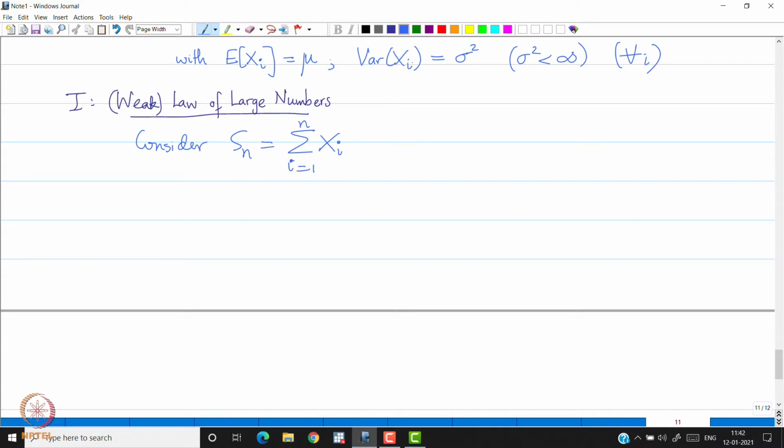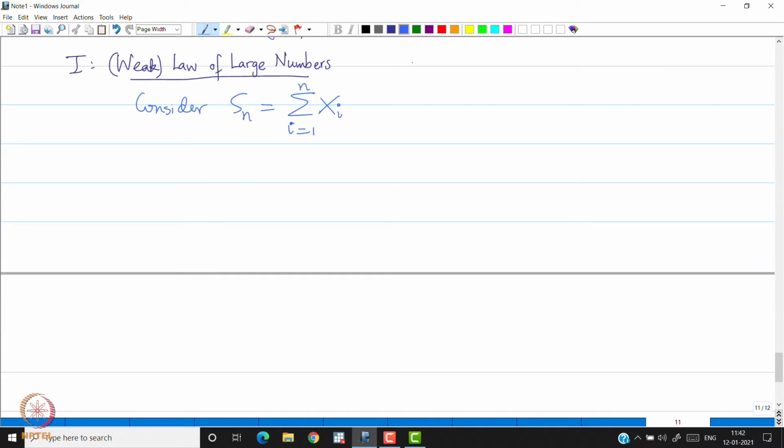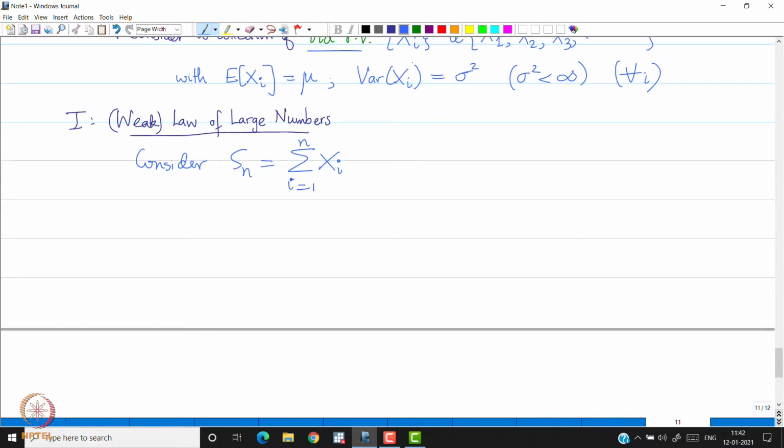Given this collection of random variables xi, we can form the two random variables Sn, which is the sum of the xi, the n of them, and Sn by n. This is the so called sample average.